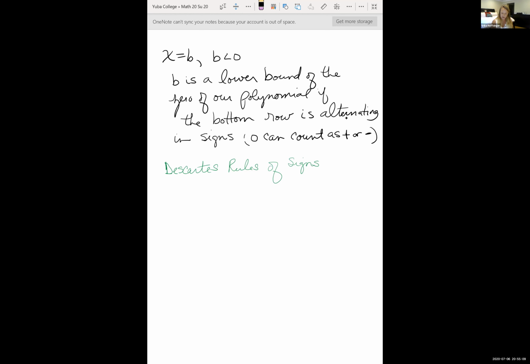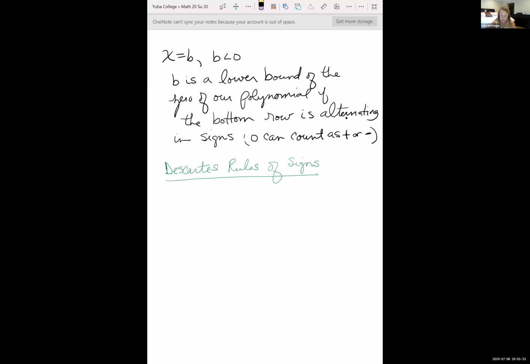I want to make sure I have all the qualifications for it. Suppose f is a polynomial function written in standard form. The number of positive real zeros of f either equals the number of variations in sign of the nonzero coefficients of f of x, or else is less than that number by an even integer.